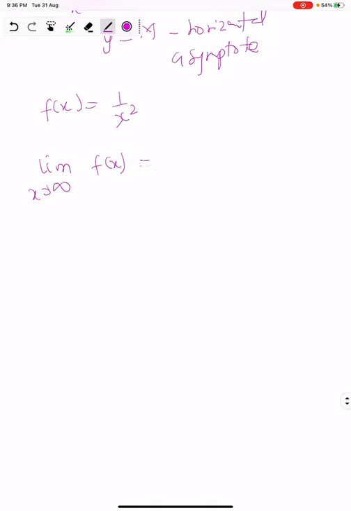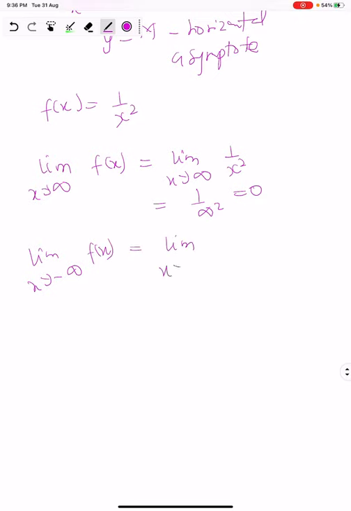The limit as x approaches infinity of 1 over x squared is equal to 1 over infinity squared, which is equal to 0. Then we test for when x approaches negative infinity, the limit as x approaches negative infinity of 1 over x squared, and this is also equal to 0.